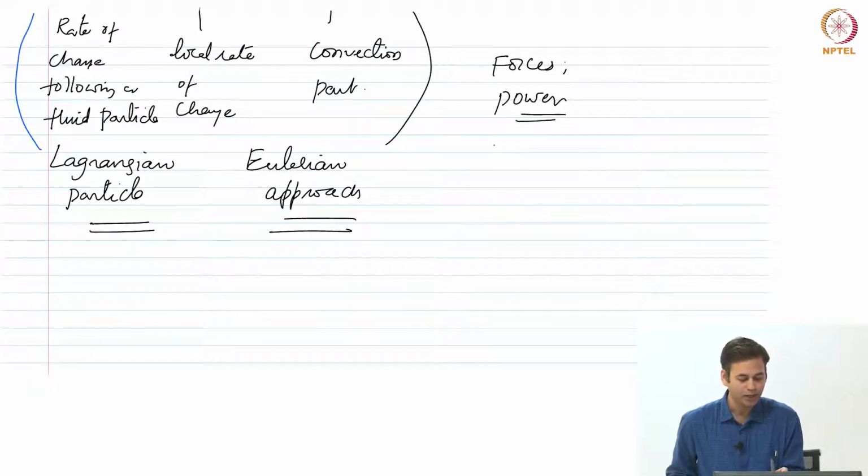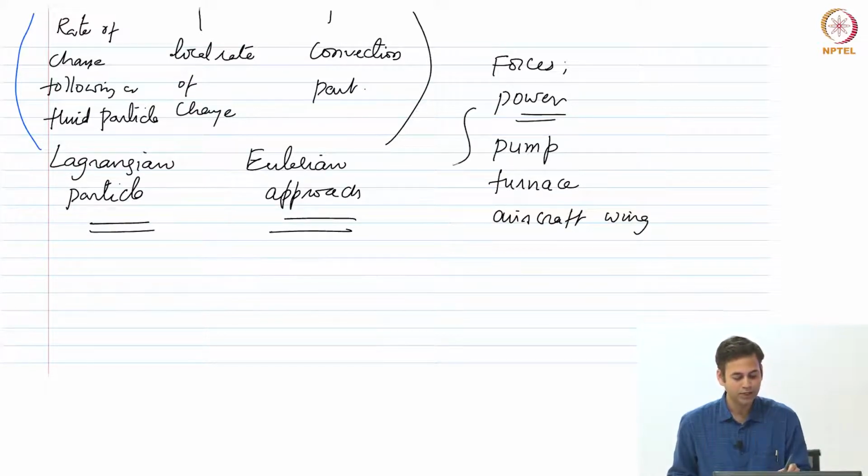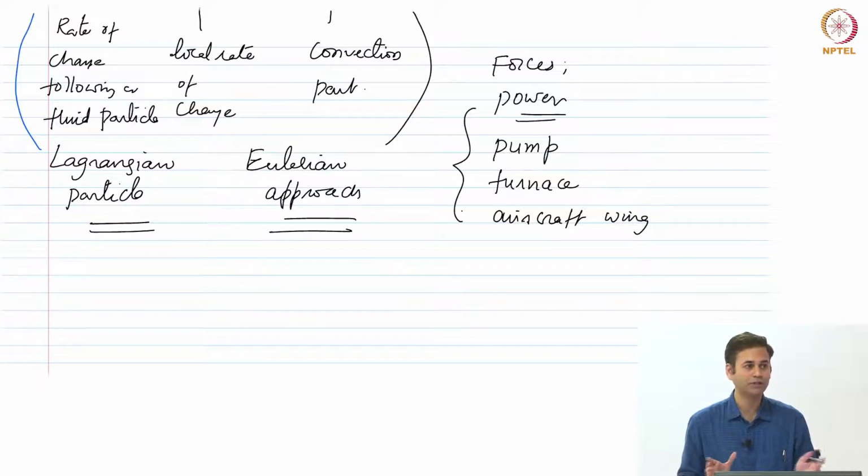For example, let's say you are interested in the power required by a pump, or the power consumed by a furnace, or a lift that is produced by an aircraft wing, and so on, in which case your domain of interest is fixed. So in that sense, the Eulerian approach is very much used, and that is what we are going to use in this part of the course.